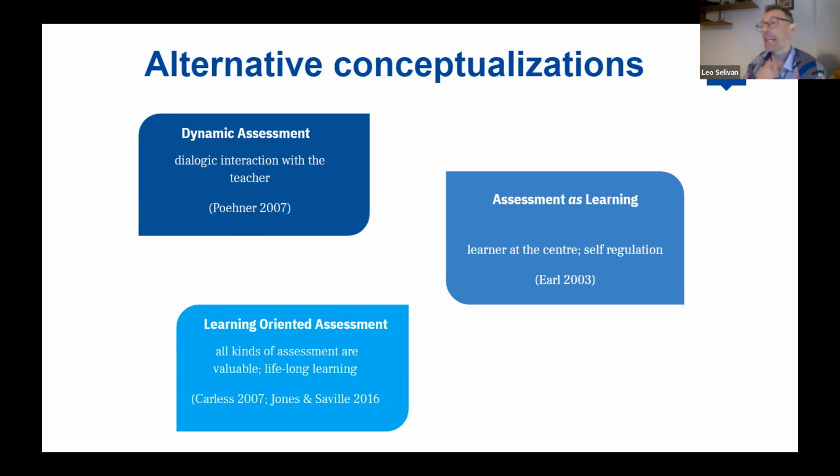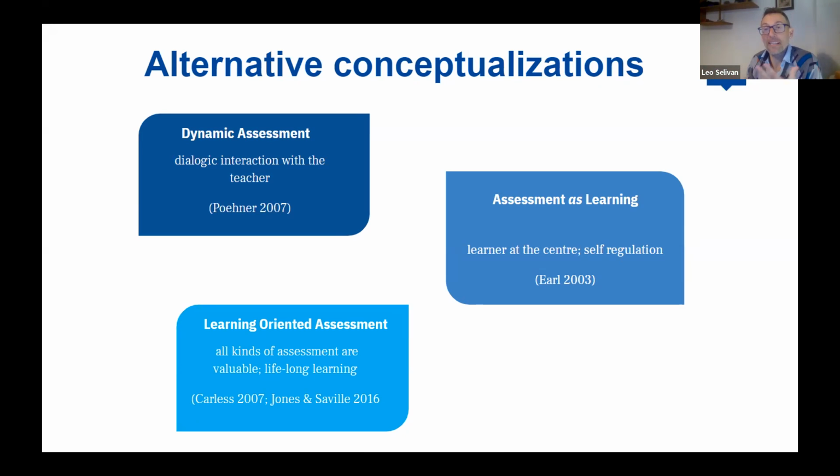And now this Canadian researcher, Lorna Earl, was also unhappy with this assessment of learning, assessment for learning dichotomy, and she proposed another conceptualization, which she called assessment as learning. Now, it might seem superficial, changing for learning into as learning, but she asserts that this allows us to blur the boundary between assessment and learning, and the role of the learner also comes to the fore.